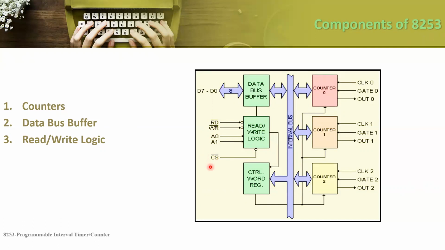If we have a low value for the chip select, then only the 8253 IC will be enabled. If it is high, it indicates that the data bus buffer enters the tri-state or high impedance state, which means the data bus buffer will hold the data but will not transfer it in either direction.